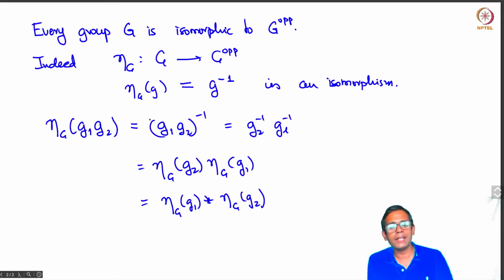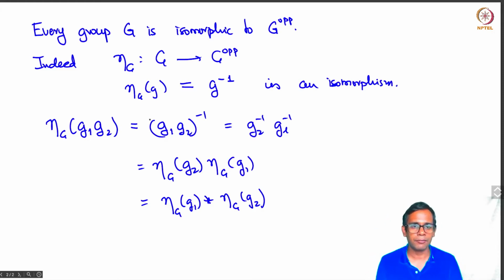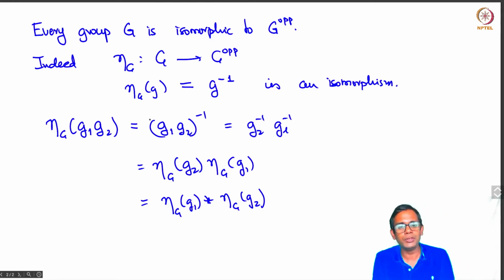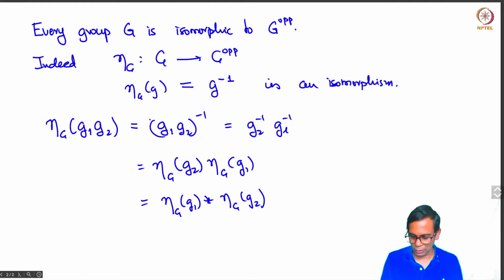But there's something very special about this family of isomorphisms. For each group G, we have an isomorphism eta G. So eta G is actually a family of isomorphisms, one for each group. There's something very nice about this family, and let me explain that. Suppose you have a group homomorphism.